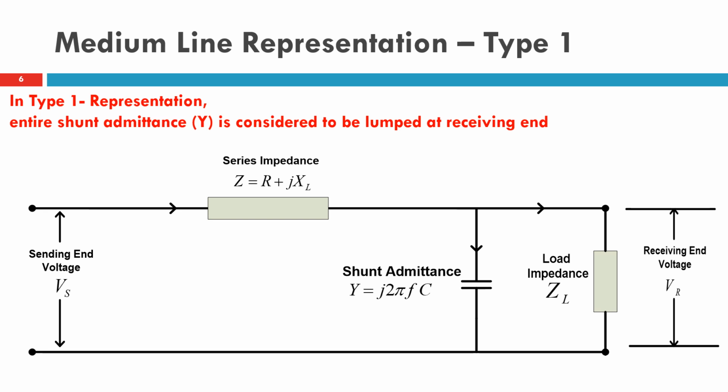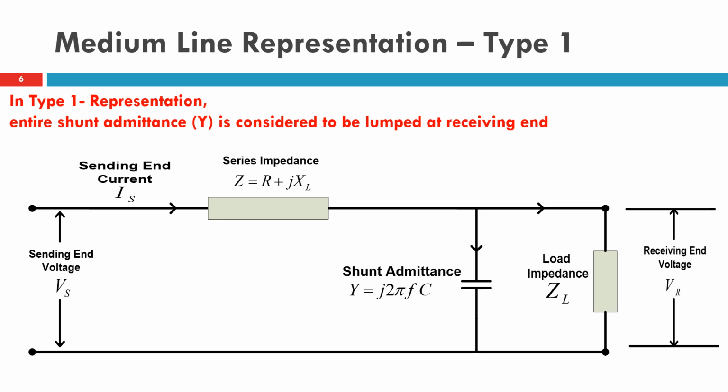Now we energize this line with the sending end voltage Vs. When we energize this line, it will carry a current, that is the sending end current Is. This sending end current flows through the entire series impedance of the line, and this series impedance Z equal to R plus jXL represents the entire 250 kilometer line.